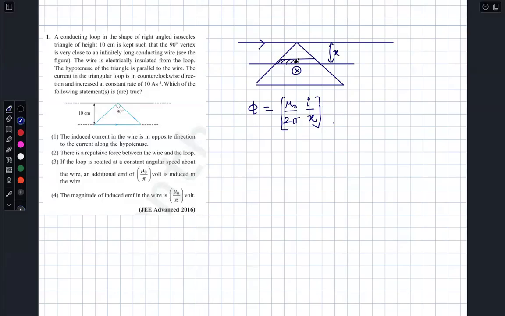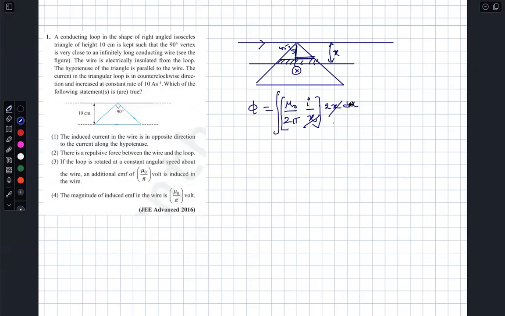And here we are speaking about this zone. It's this zone, right? Remember, this is 45 degrees. If this is x, this is also x. So 2x dx. Right.